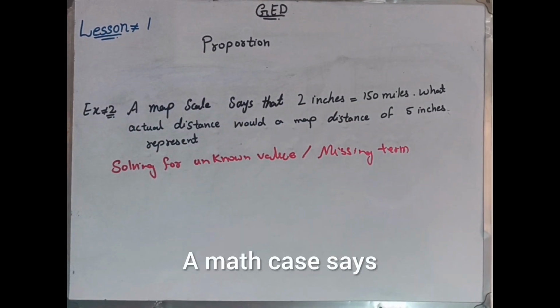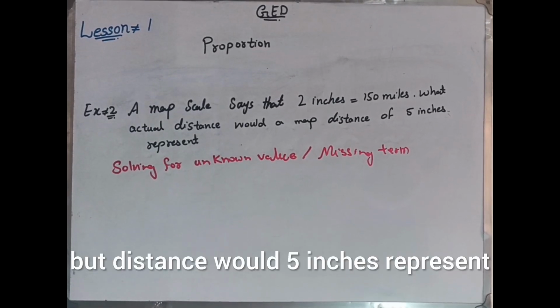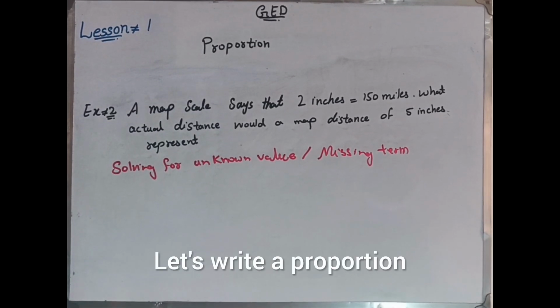A map scale says that 2 inches is equal to 150 miles. What distance would 5 inches represent? Let's write a proportion.